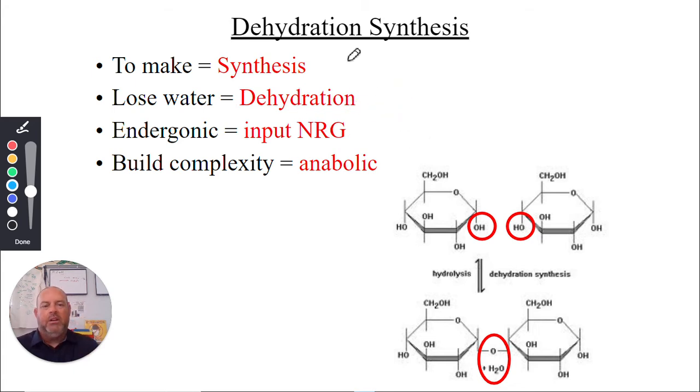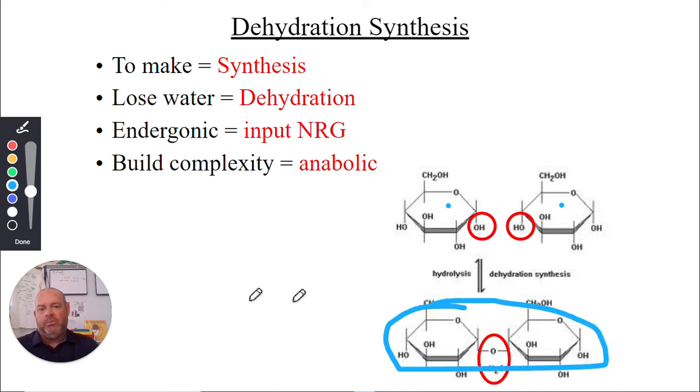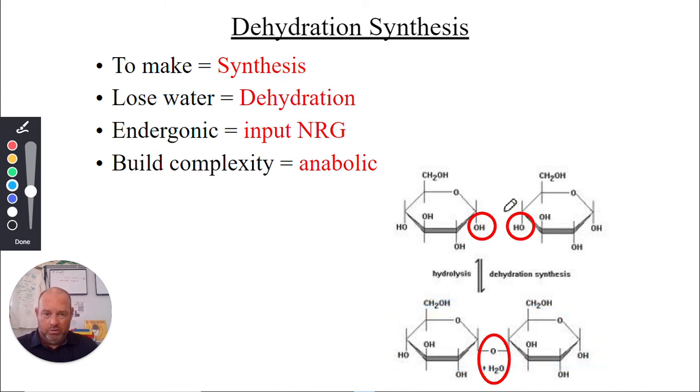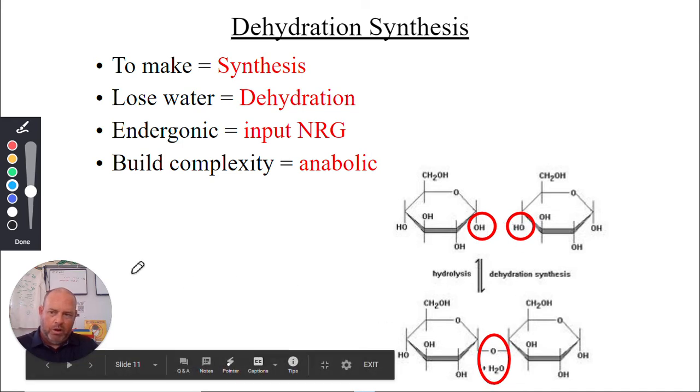And so what happens is if you look from the red circle here down to here, we pull a water out. Okay, so here's your water getting pulled out. And so, sorry, it's kind of going off the bottom of the page there. So we basically take one whole side here. We have an OH, right? But we need another H. So we take that H and these two, and we make an H2O. And so that's where H2Os came from. And then what's left, the only thing that's left is that oxygen.